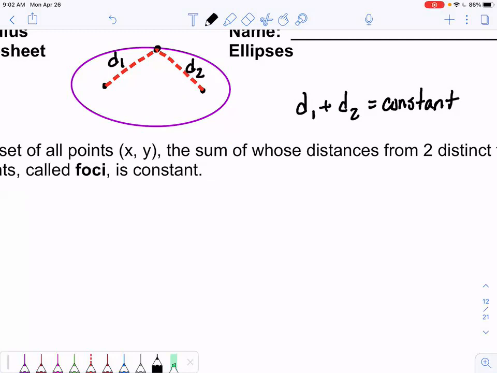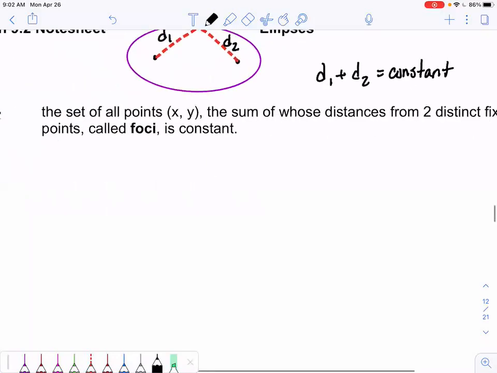So as I said, we're going to draw 2 pretty precise graphs. One is going to go horizontally, and then the other one will go vertically. Just like a parabola can go up or down, it can go left or right. And the same thing with the ellipse. So we'll start with the horizontal one.